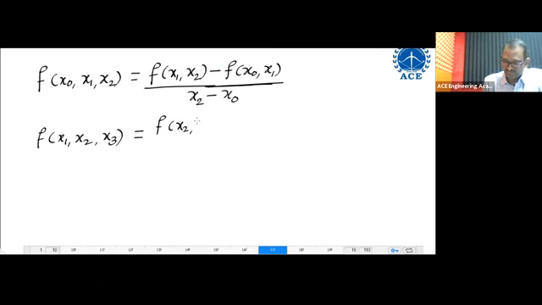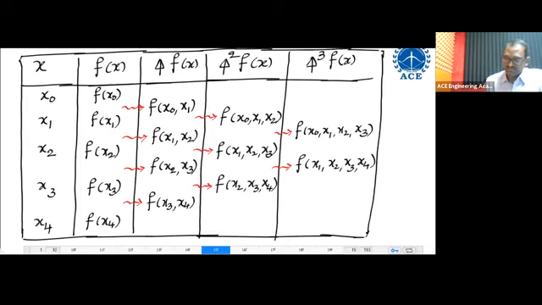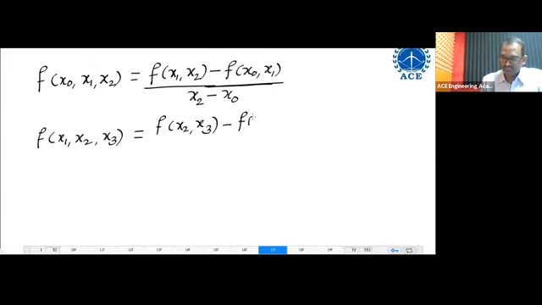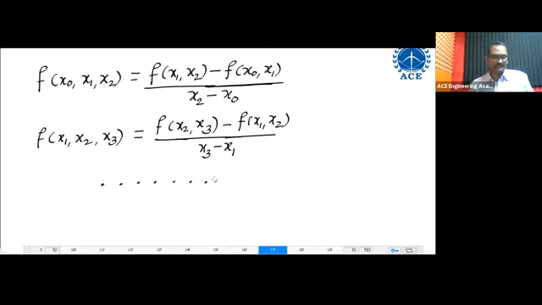That is f of x2 comma x3 minus f of x1 comma x2. In these three values, x1, x2, x3, biggest is x3, smallest is x1. So denominator is biggest minus smallest, that is x3 minus x1. So on. This is the way to find.